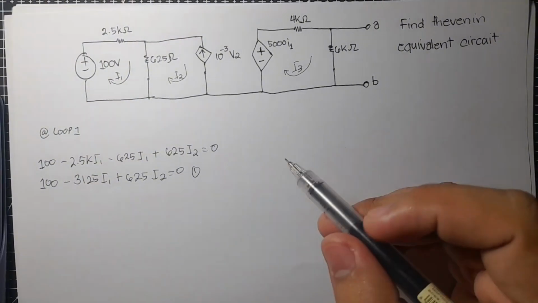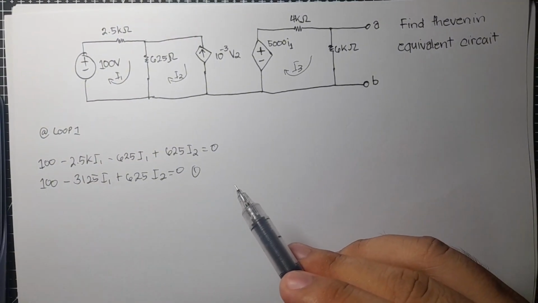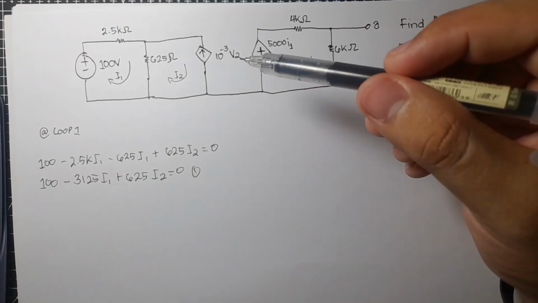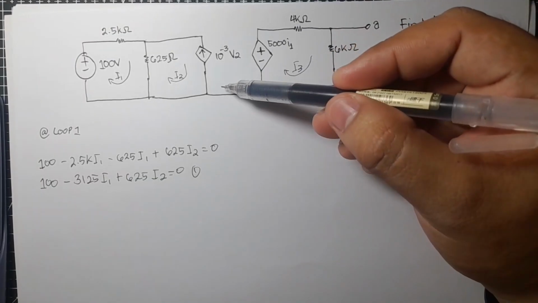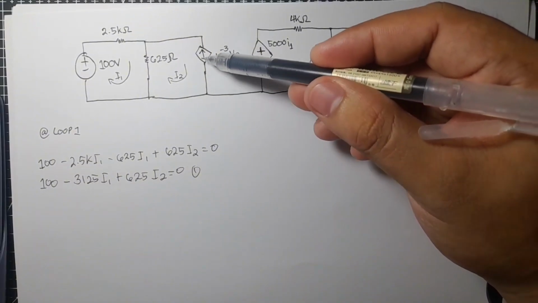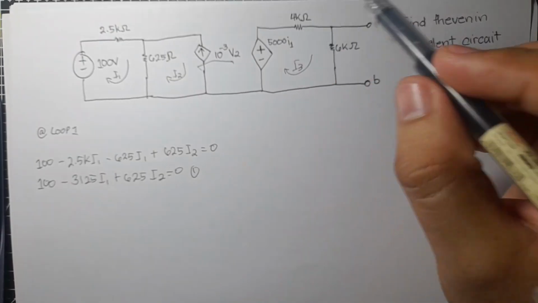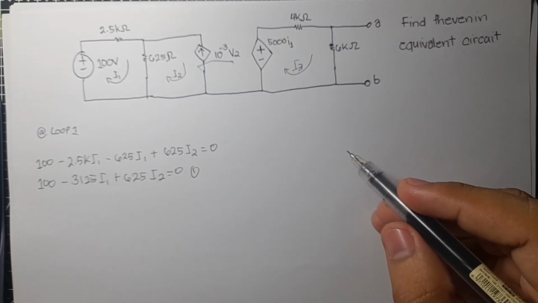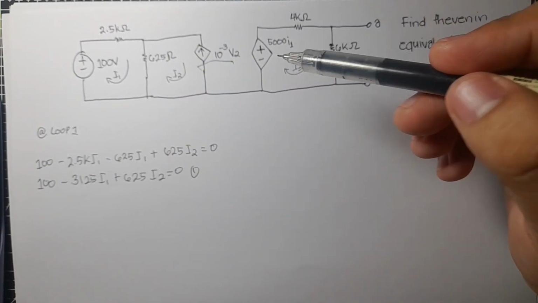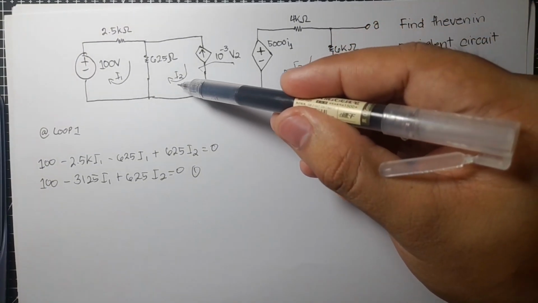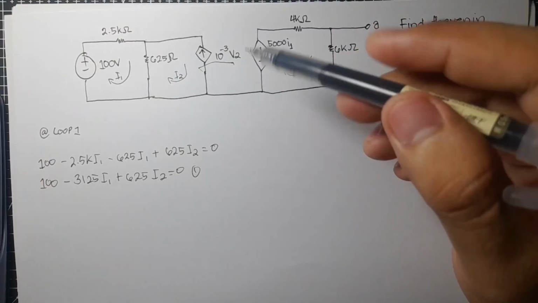Then next, in mesh 2, we can see that it already has a current flowing on this loop 2, which is this dependent current source. But the direction of the dependent current source is opposite to the direction of mesh current I2.